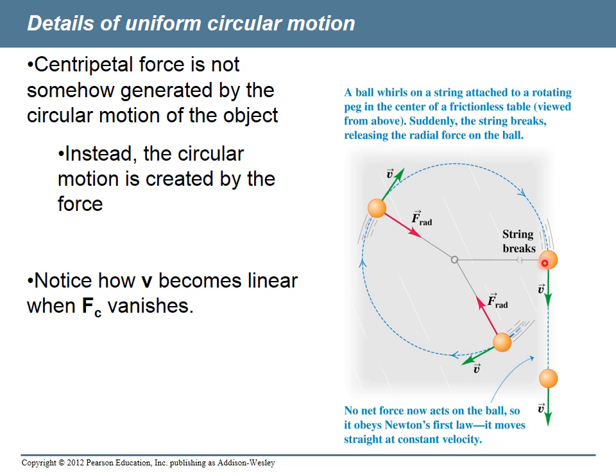Acceleration is a change in velocity, so we have no more change in velocity. So if the string breaks, the object would just continue off with the velocity it was going, in the direction it was going, with the same speed that it had. If we lose that force, then we lose that acceleration, and velocity remains constant when that happens.